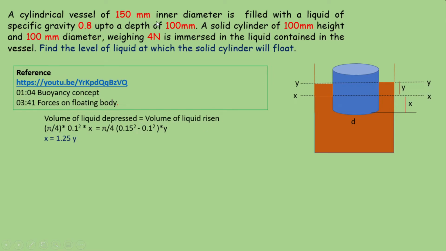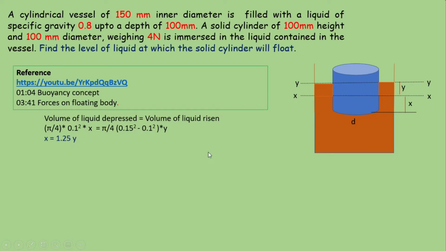The diameter of the cylindrical vessel is 150 mm and the diameter of the solid cylinder is 100 mm. So the volume of liquid risen can be calculated as pi by 4 into (0.15 squared minus 0.1 squared) multiplied by the rise in liquid level. Equating and simplifying, you can establish a relationship between X and Y.